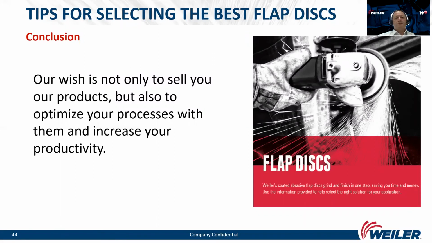The first question: Vyacheslav, in which diameters do you produce flap discs? Yes, flap discs can be produced in different diameters to match the required jobs. The diameters are 100 millimeters, 115, 125, 150, 180.